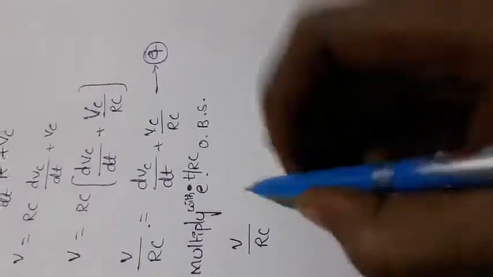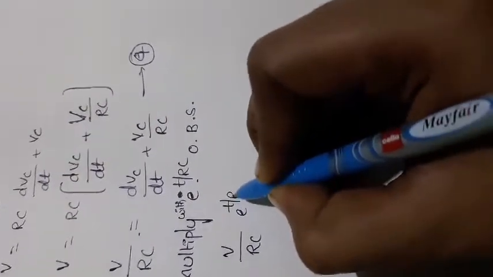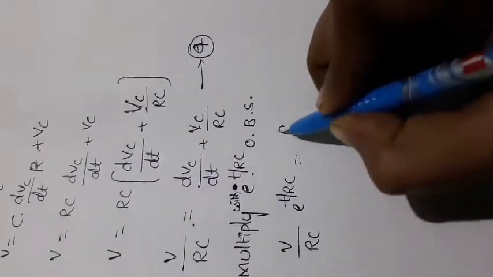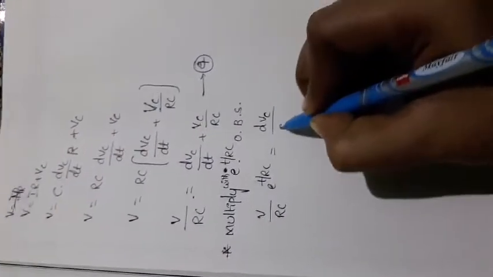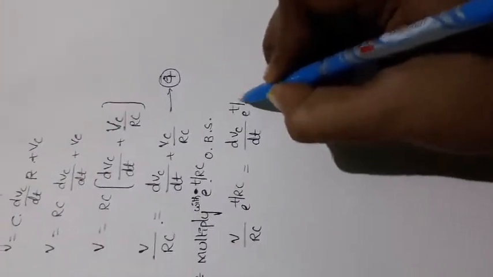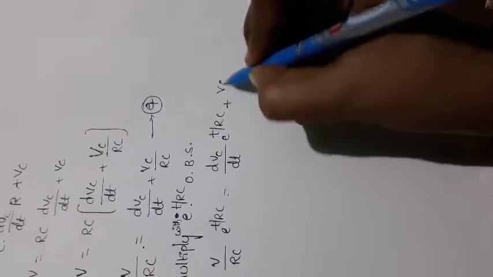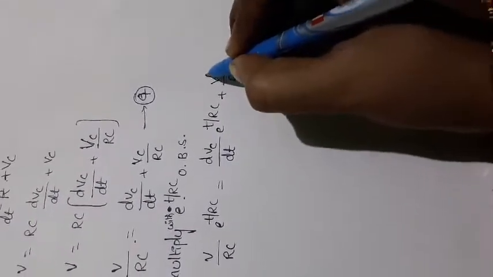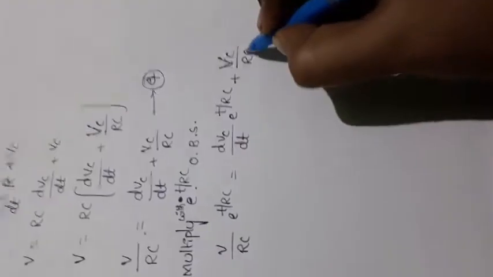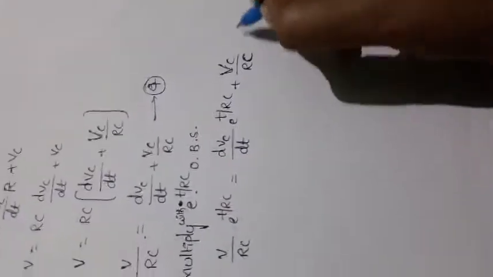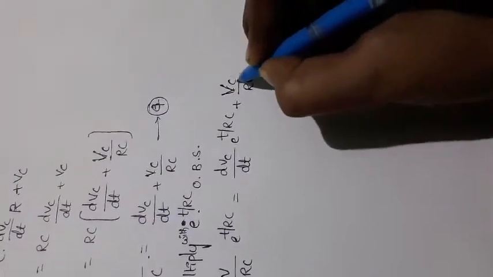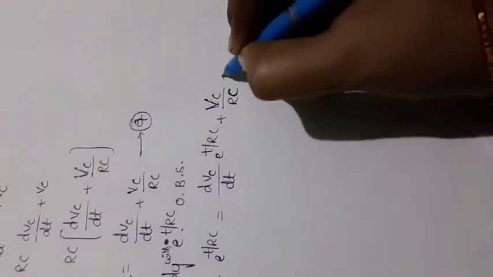So V by Rc into e power t by Rc is equal to dVc by dt into e power t by Rc plus Vc by Rc into e power t by Rc. Here, the suffix C is always beside the V, so it is Vc by Rc into e power t by Rc.